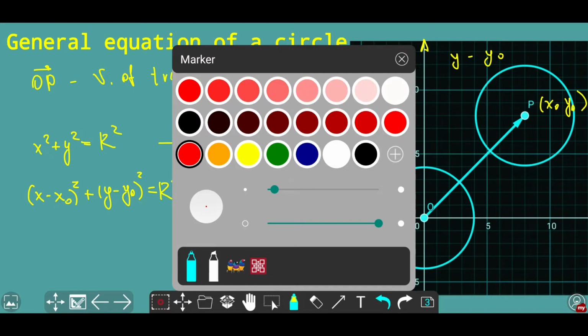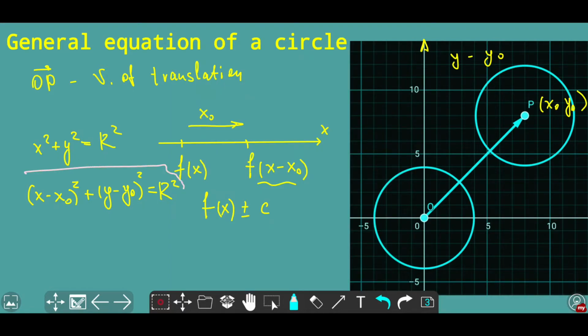So this is the equation of the circle with the center P with new coordinates x0 and y0. This is again because of the translation vector OP, and you just need to stick to the rule that you put the argument inside the function. For y it becomes the same.